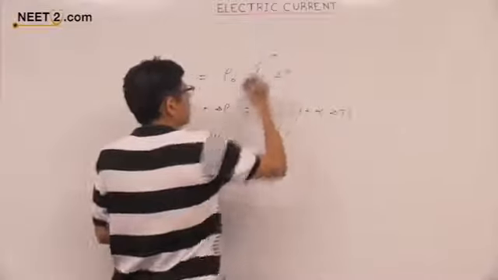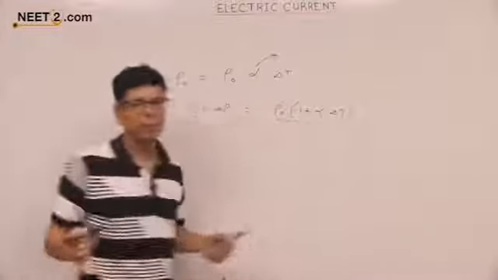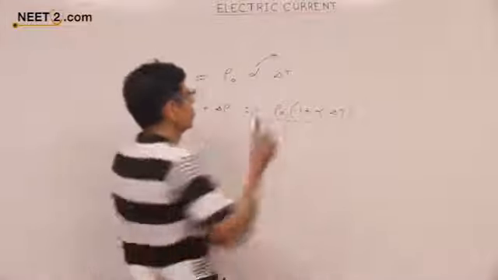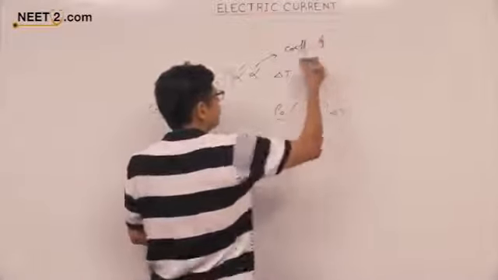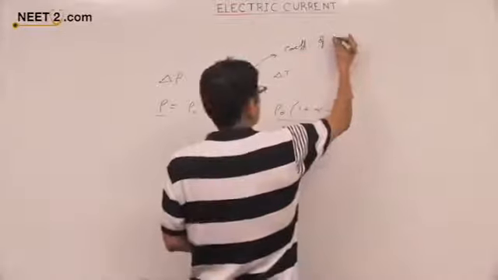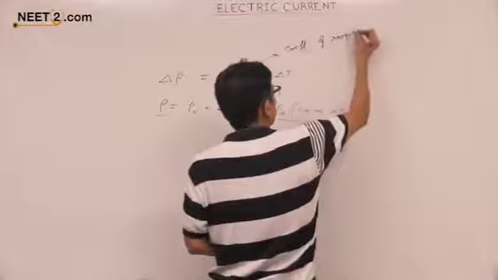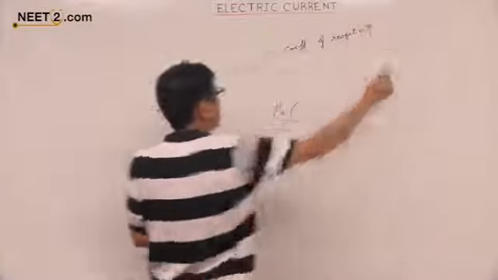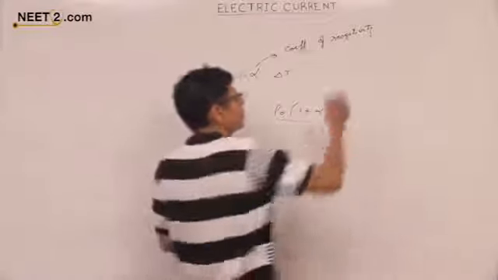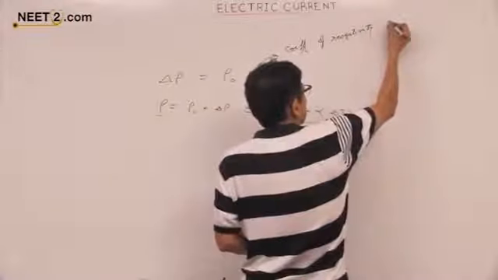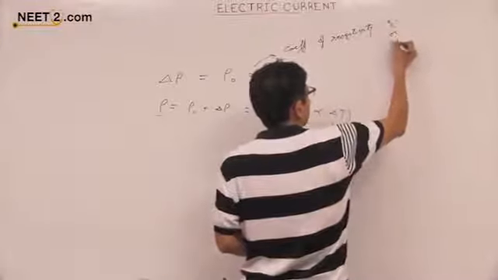This equation is somewhat like thermal expansion, only there it is known as coefficient of linear expansion, and here it is known as coefficient of resistivity. Its units would be something like per degree Celsius or per Kelvin.